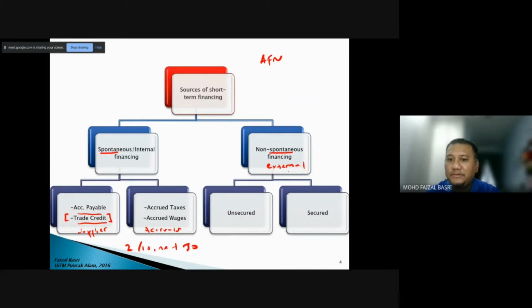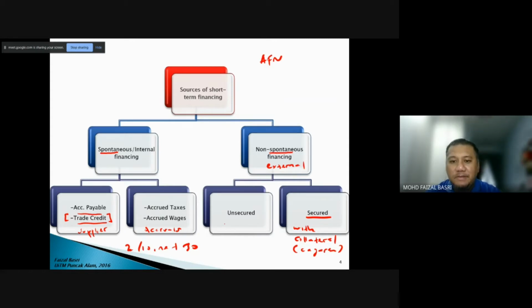So what is the difference between the two? Secured here means with collateral. Collateral apa? Cagaran. Meaning if you want to borrow money from external parties, we need to put security. We have to put some asset as collateral.